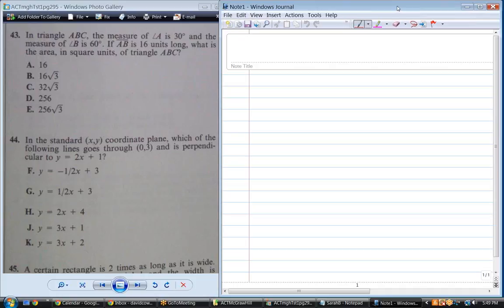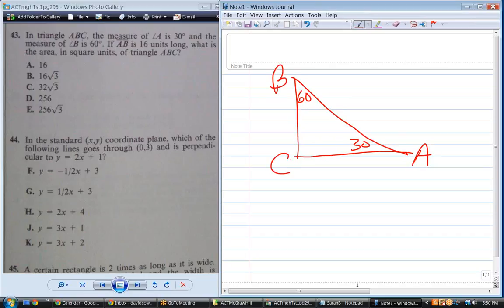Okay, number 43. All right. We have a triangle. 30-60, and angle A is that, B is that, C is the right angle, and AB is 16.